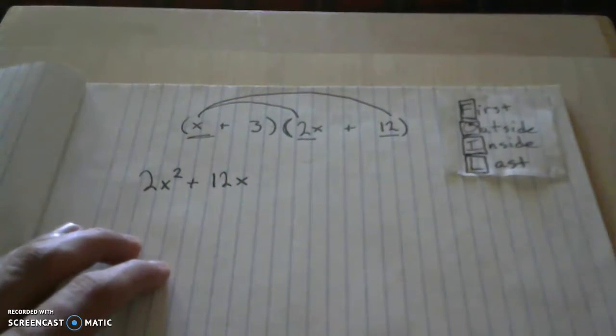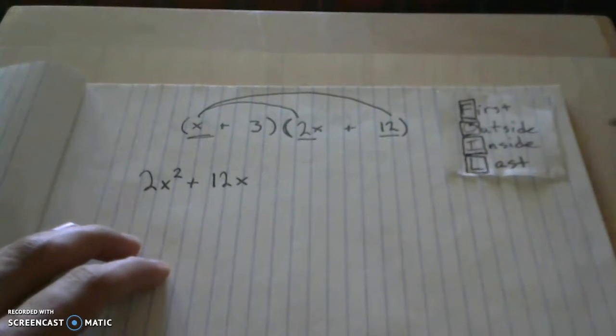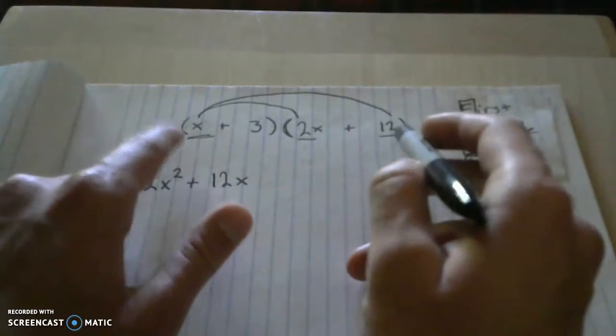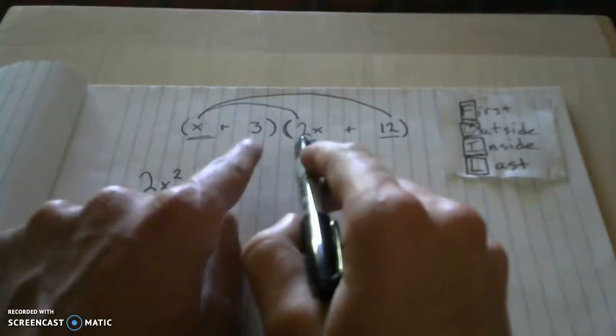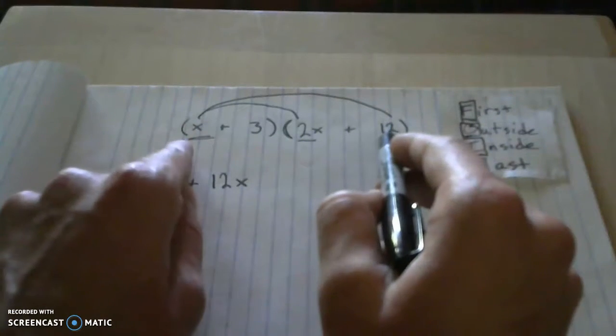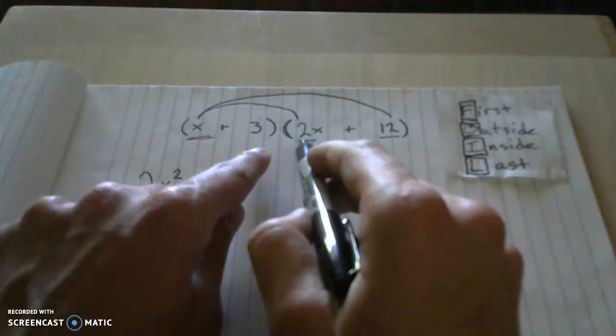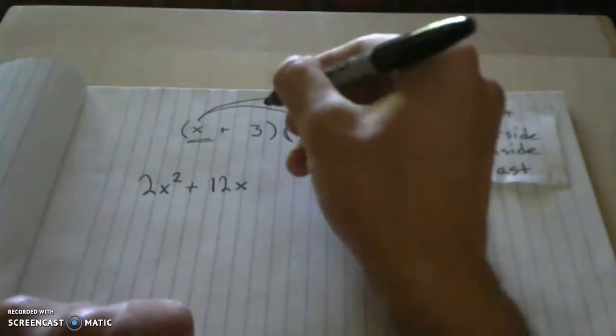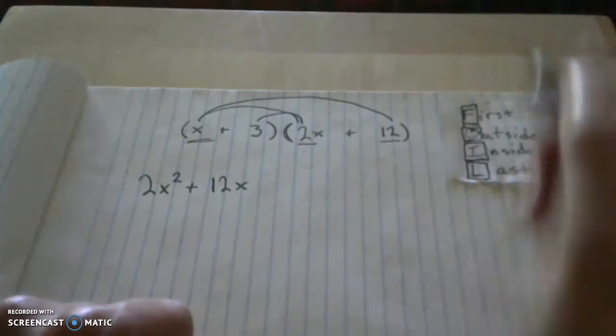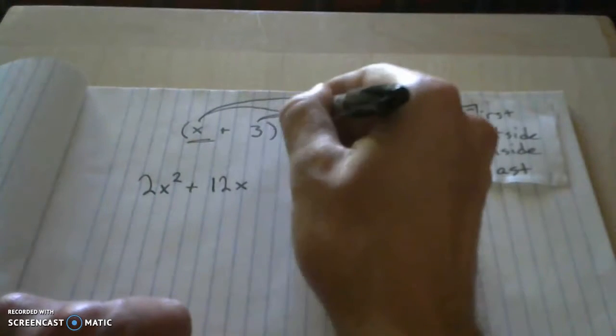So the next part of FOIL is inside. So then now we've done the first two terms, we've done the outside two terms. Now we want to take the two inside terms, right? Because if these two are on the outside, then these two are on the inside. So we'll take the 3 and we'll distribute that. Here, let me write that a little bit better.